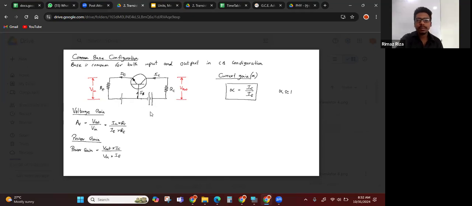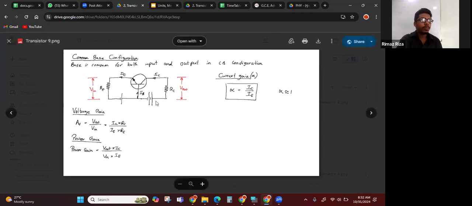If you want to bias a transistor, first you want to forward bias the BE junction and reverse bias the BC junction, and there should be an input resistor for the input circuit. So we can consider this as the input circuit and this is the output circuit. And to take the output, you have to put an output resistor.